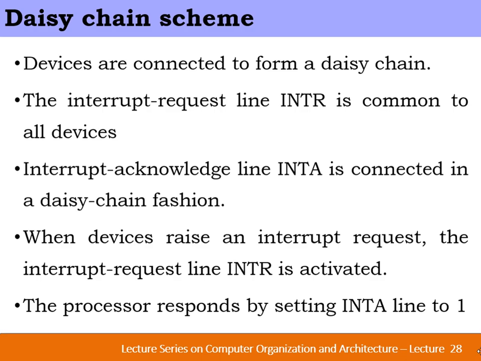As soon as there is an interrupt request from an IO device to the processor, if the processor is going to give a service, then the processor is going to give an acknowledgement that it is ready to give the service for that particular device. In order to intimate that, the interrupt acknowledgement is required. Therefore the interrupt request line, INTR, is common to all the IO devices that are connected, whereas the interrupt acknowledgement line, denoted as INTA, is connected in the form of a daisy chain.